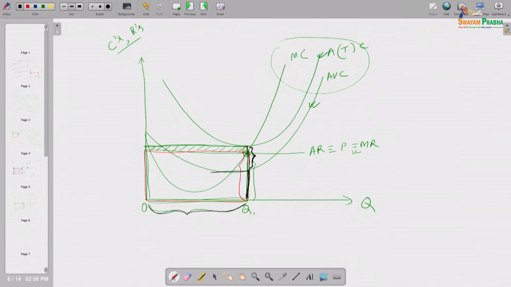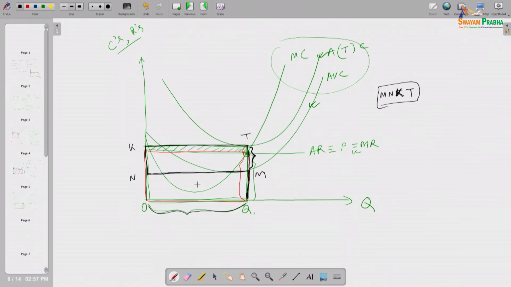So, if I take this area, say in this particular case, say this is M N K T. So, M N K T, this rectangular area in the diagram is basically his total fixed cost.